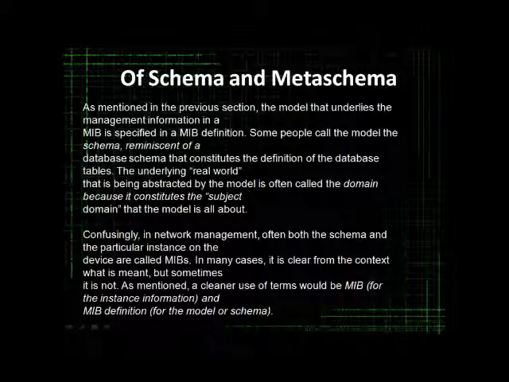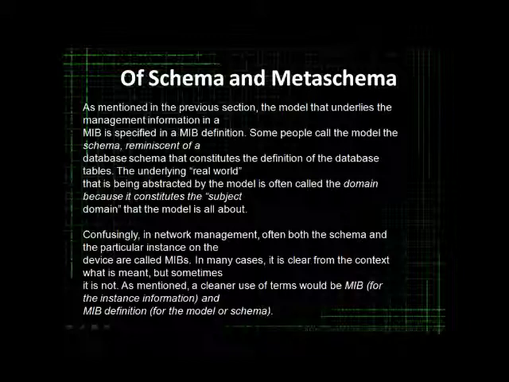Some people call the model a schema, reminiscent of a database schema that constitutes the definition of the database tables. The underlying real world that is being abstracted by the model is often called the domain because it constitutes the subject domain that the model is all about. In the example of the previous section, the domain of the model is that of TCP connections.